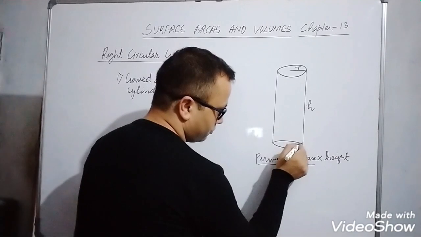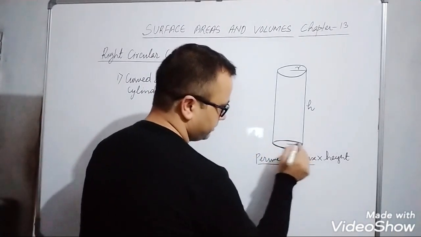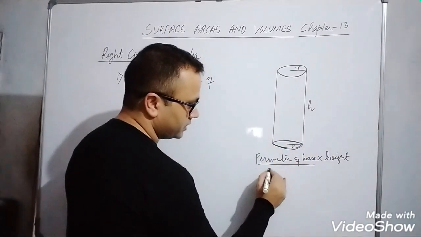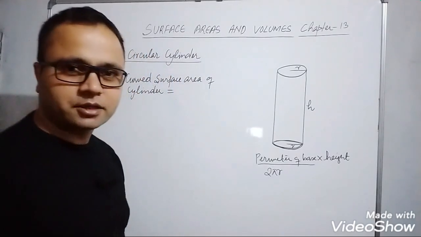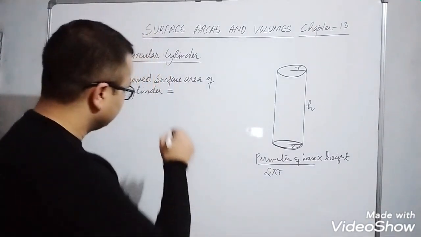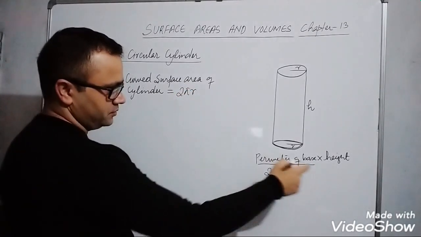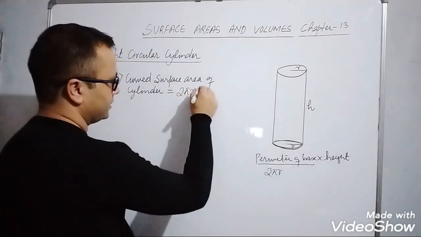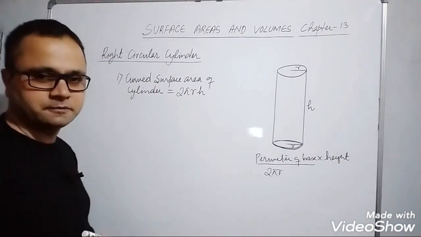The cylinder has a circular base. What is the perimeter of a circle? It is 2 pi r. So we will write here 2 pi r. Now what will be the height of the cylinder? It is h. So the curved surface area of a cylinder is 2 pi rh.